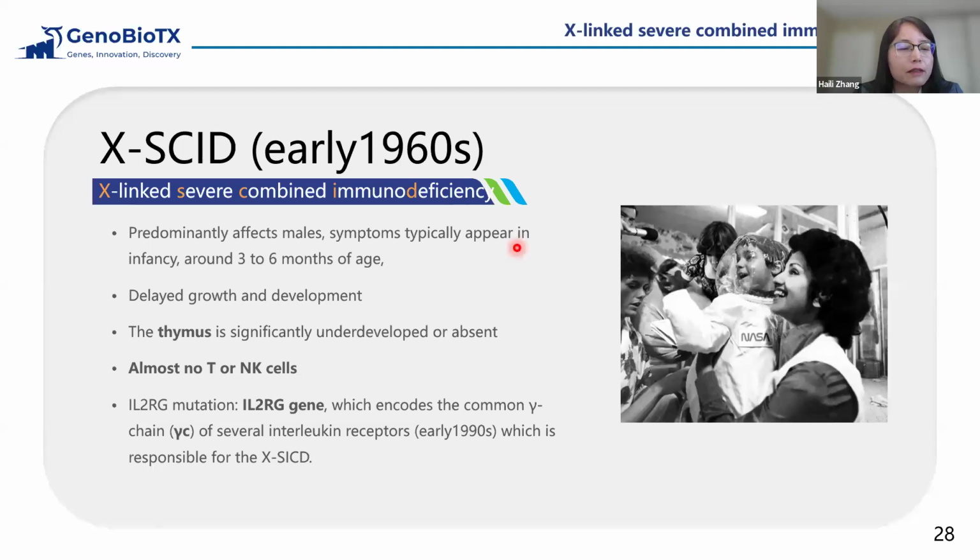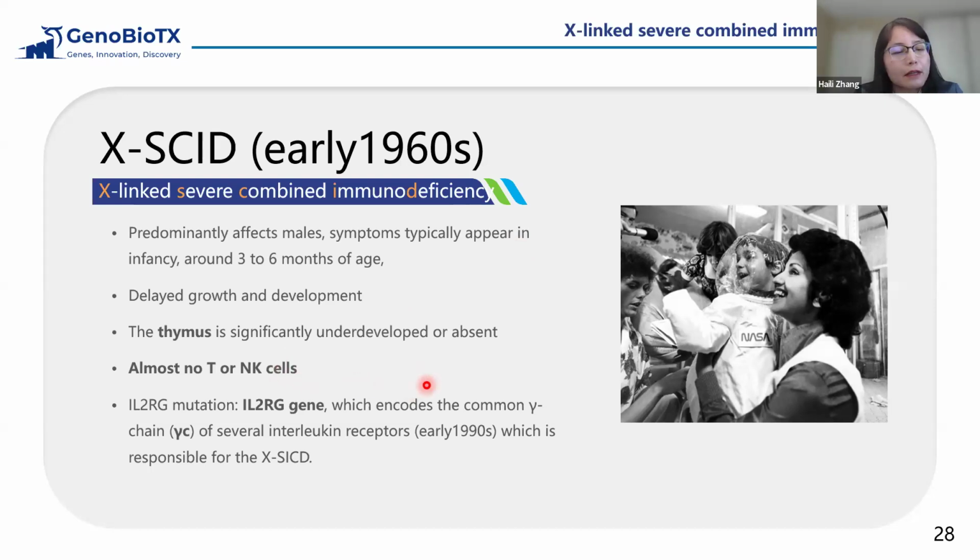Until the discovery of the mechanism of the X-linked SCID in mice, this in human. The significant feature of this X-linked severe combined immunodeficiency in human is that the patient lacks T cells and NK cells.